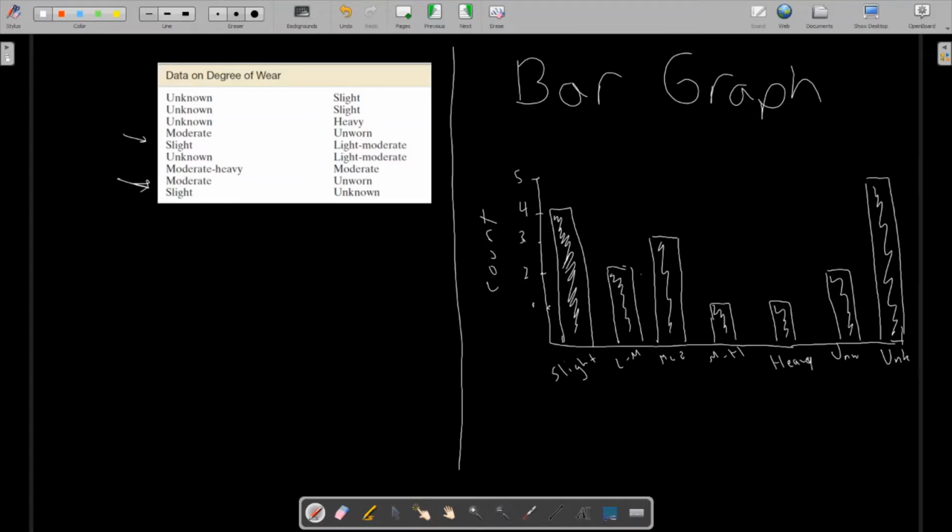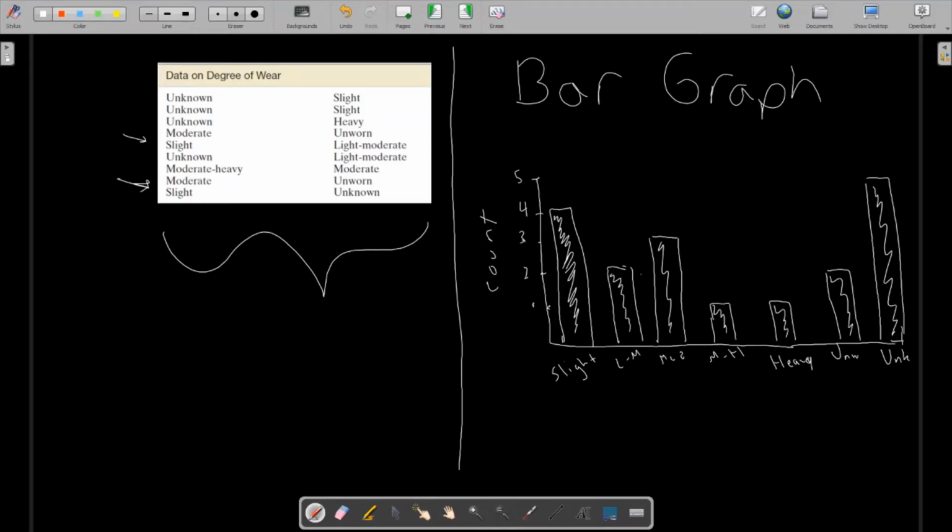And a good check for whenever you're doing a bar graph with not too many data points is to count the number of data values you have in your chart and compare that to how many you have in the bar graph to make sure that you haven't missed any, you don't have any incorrect counts.